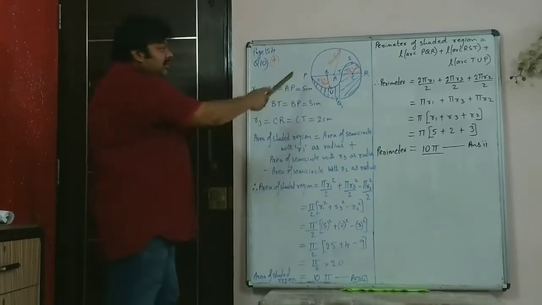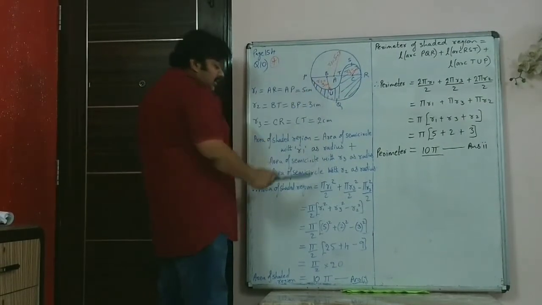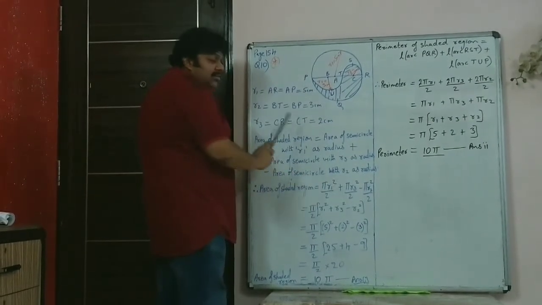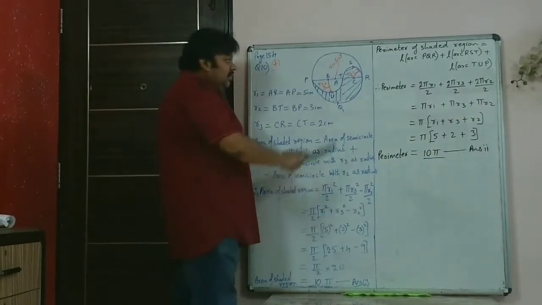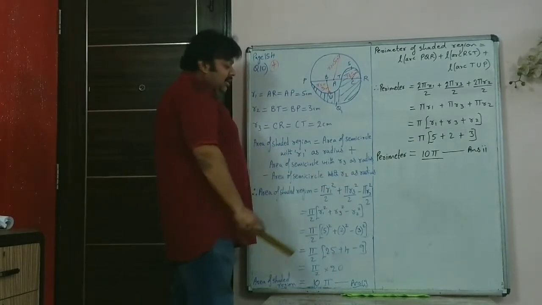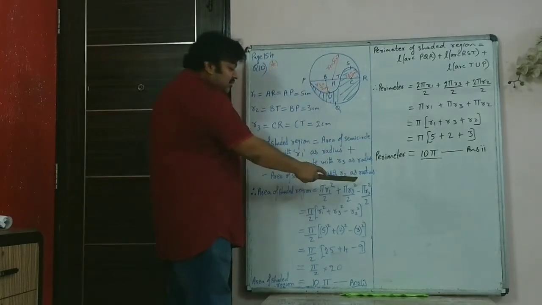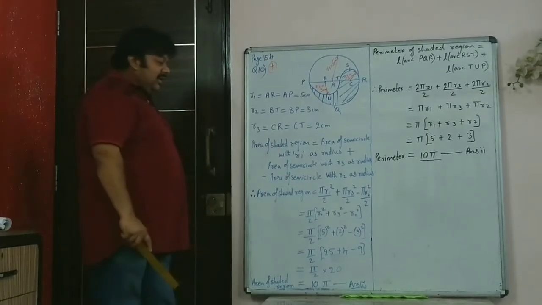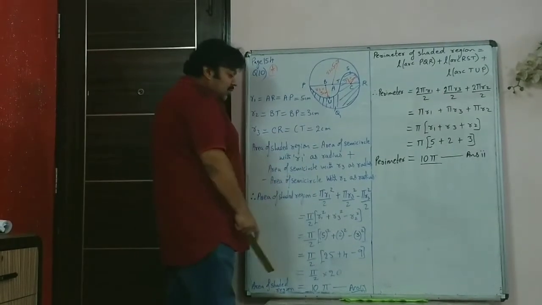The big semicircle with A as center and R1 as radius is pi R1 squared upon 2. It's a semicircle, so pi R1 squared upon 2. Then this semicircle you have to add, that is pi R3 squared upon 2. And this semicircle which you have to remove is pi R2 squared upon 2. So that's how you have to do it.